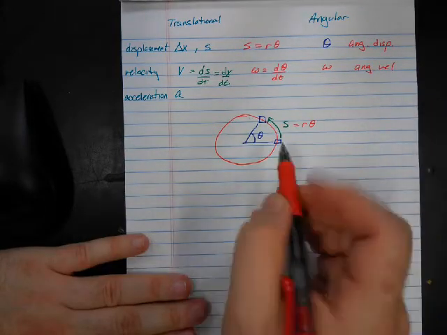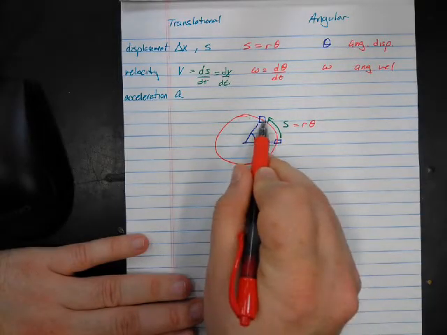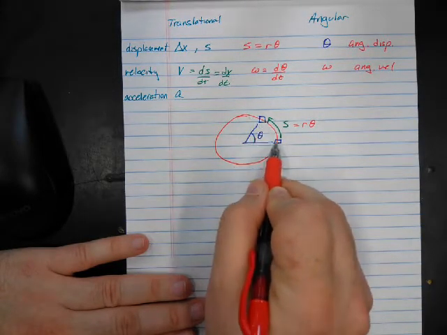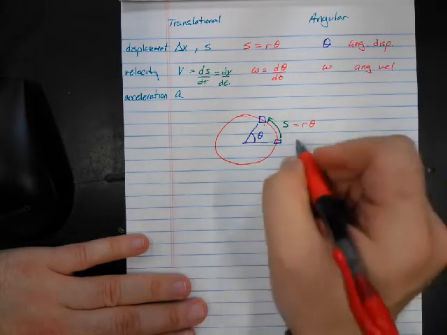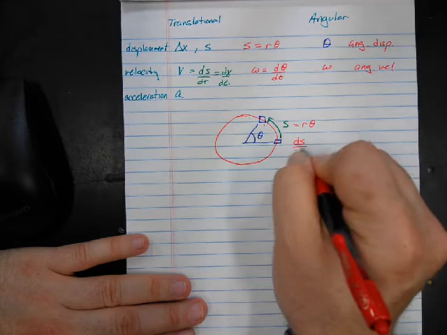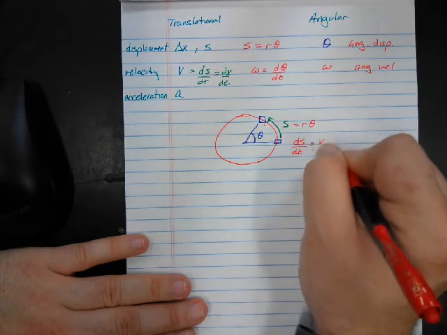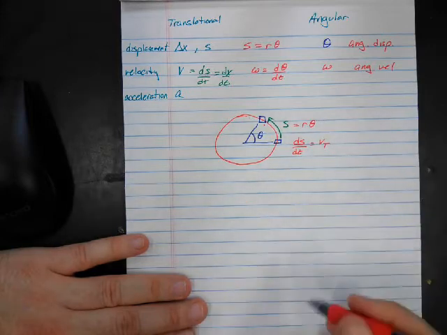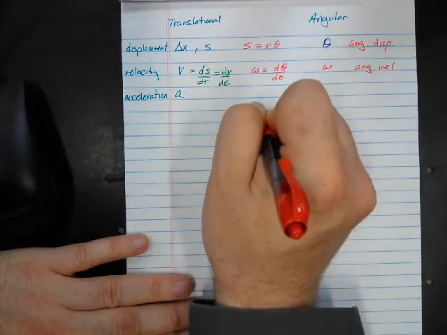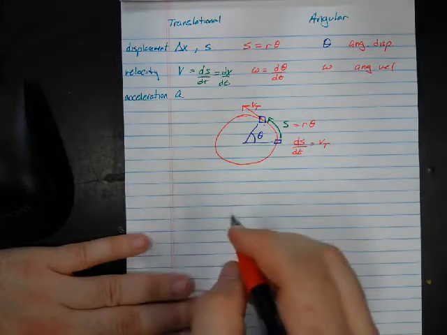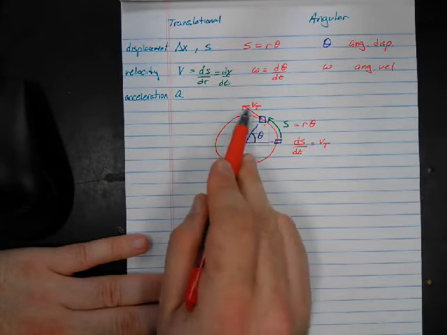So what that means is this motion happens, we have this movement from here to here. Well, we can also write the rate at which that happens. ds dt is your tangential velocity, which is this thing trying to move at some tangential velocity that way.